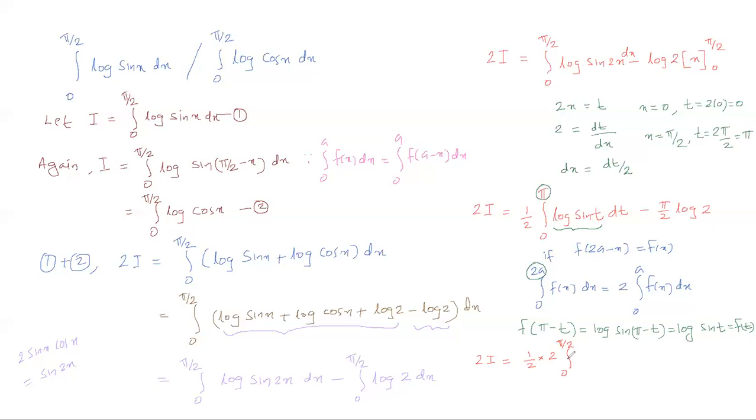Integral 0 to 2a becomes 2 into integral 0 to a if f of 2a minus x is f of x. We saw here that f of 2a minus t is the same as f of t. So it is 2 into integral 0 to a f of x, that is log sine t dt minus pi by 2 log 2.